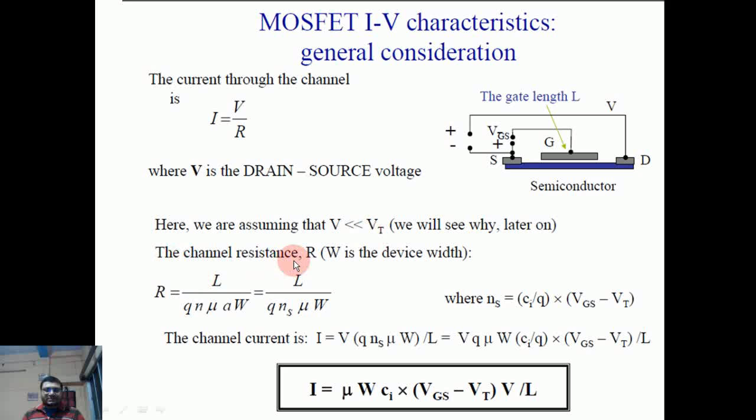We will discuss what the threshold voltage is. The channel resistance R, where W is the width of the device, can be represented as R equal to rho L by A, so length divided by Q n mu into W. W is the width of the channel, mu is the mobility of the charge, and Q is the charge, where Ns equal to Ci by Q and Vg.